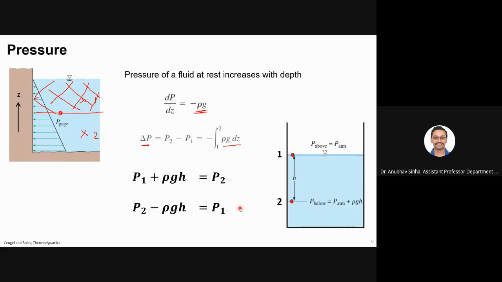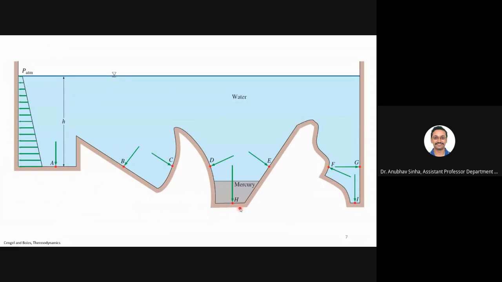Moving on. If you take a vessel of very irregular shape or size, and you have these points A to G lying on the same horizontal line, the pressure at those points will be the same.